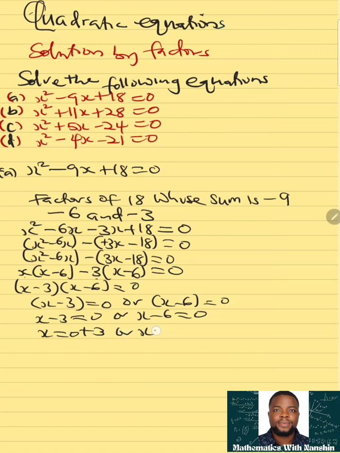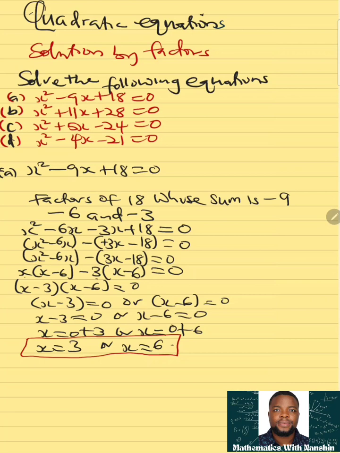The same thing here, minus 6 crosses to the right hand side. So you have x is equals to 3, or x is equals to 6. So this is the answer for question A. All right, so either x is equals to 3 or 6.